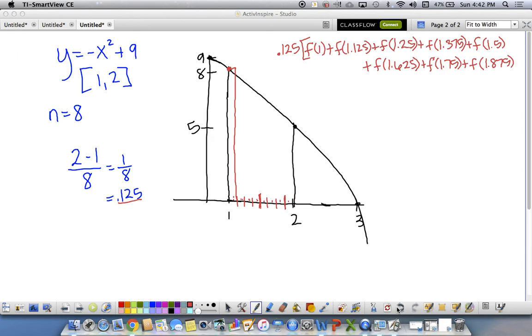So this point right here is the last one that's going up to hit. So I will not use f of 2. Now, should I have 8 of these pieces? Let's go back and count them. 1, 2, 3, 4, 5, 6, 7, 8. There are 8.